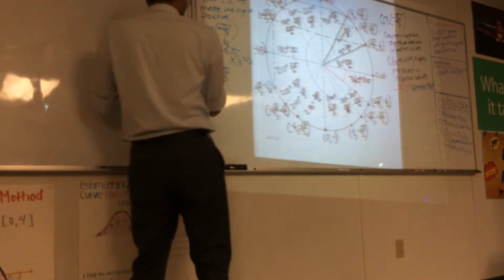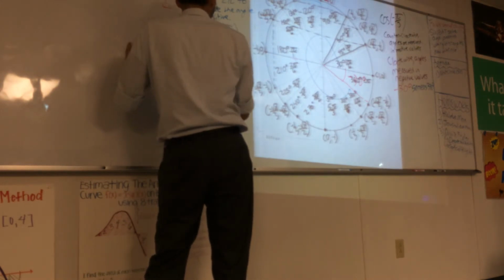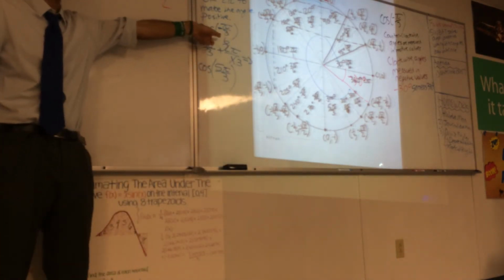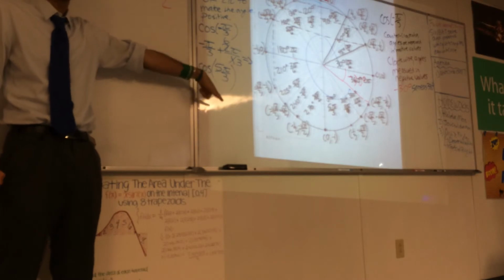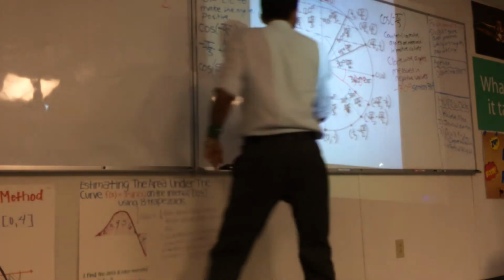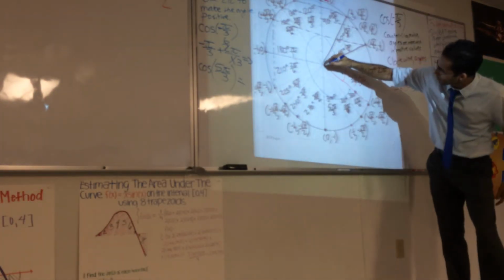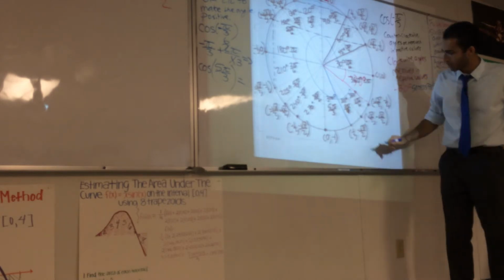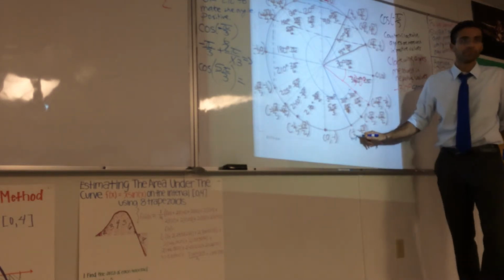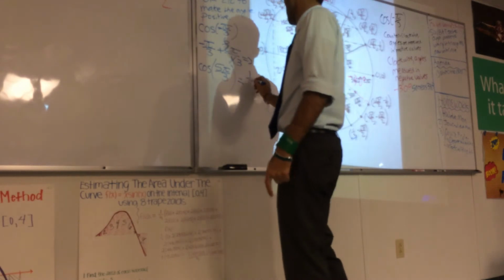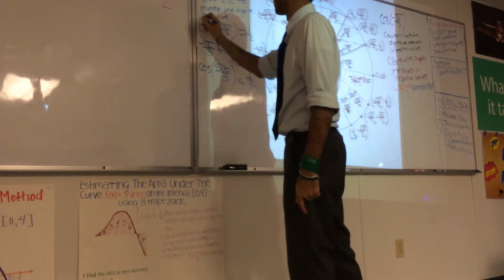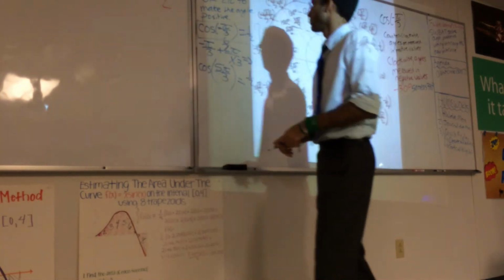And now I need to find the cosine of this. Because they wanted the cosine of negative pi over 3, I got to find the cosine of positive 5 pi over 3. Here's positive 5 pi over 3, just as Luis said, 300. The answer is 1/2.